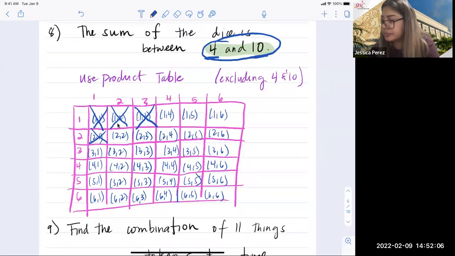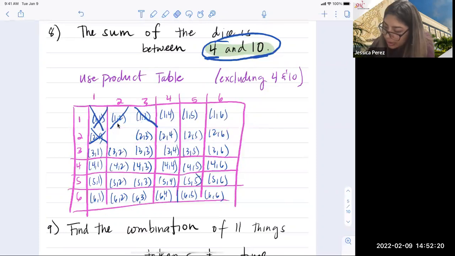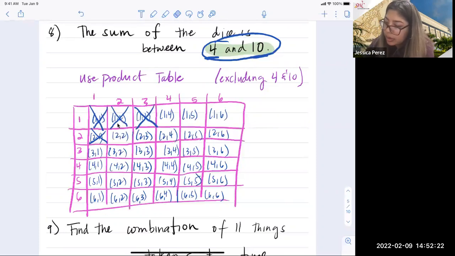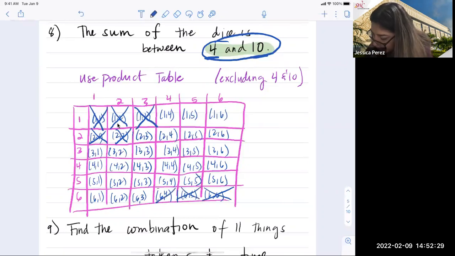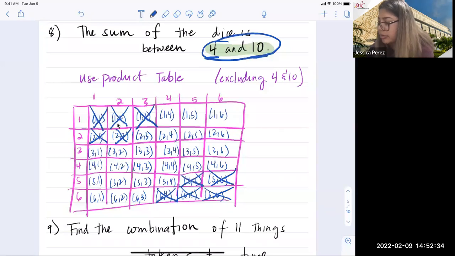Between 4 and 10, the sum will give you either 5, 6, 7, 8, or 9. So you cross these out because you're not allowed to be either 4 or 10. You only have to be in between.